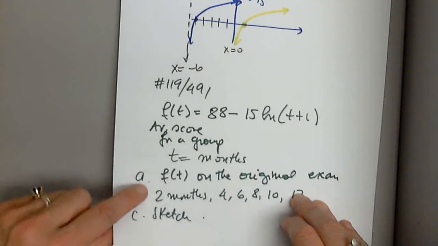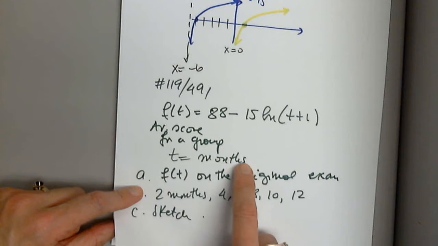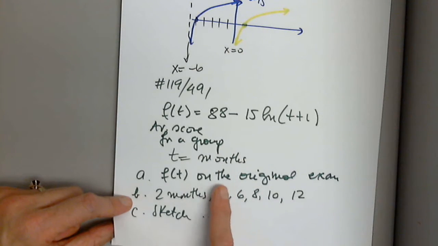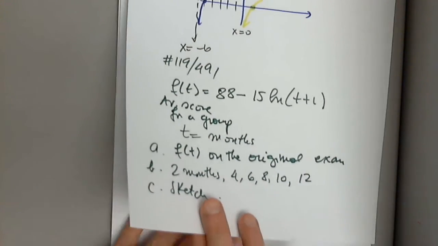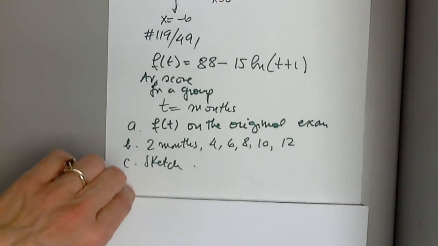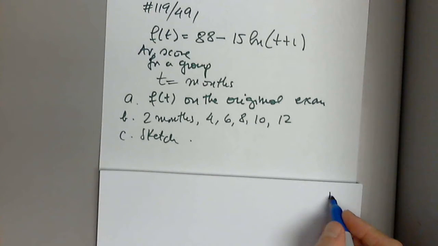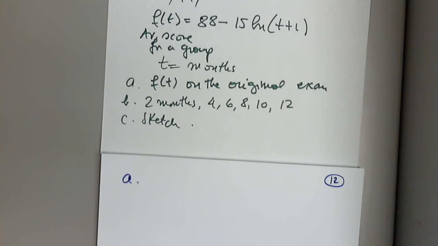So this gives the average score for the group, and t is the number of months. We're asked to find f of t, the average score for the group, on the original exam for the entire class. What am I really asked to do in part A?